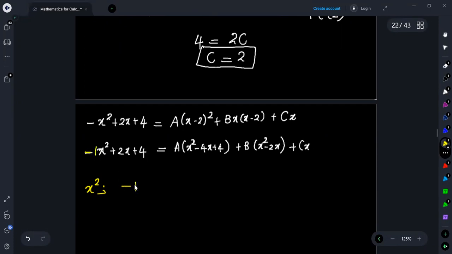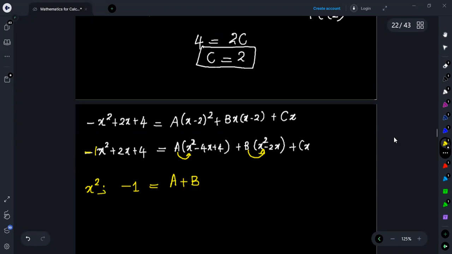In the right hand side, if we multiply this by this, we have the coefficient of x squared as a, and if we multiply this by this, again we have the coefficient of x squared as b. There is no other x squared term. So by considering the coefficient of x to the power 2, we obtain the equation a plus b equals minus 1.